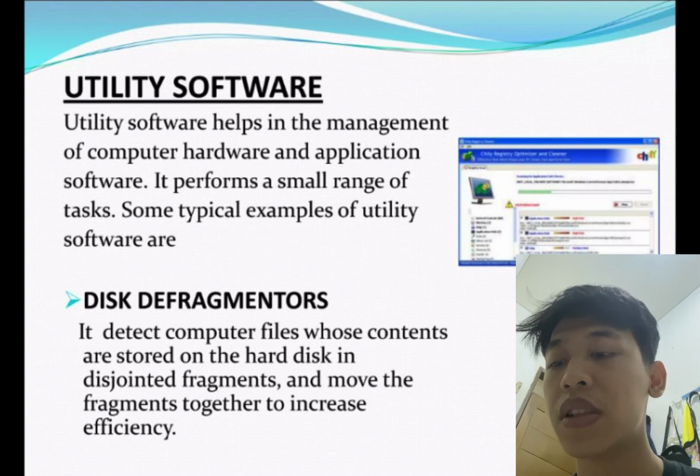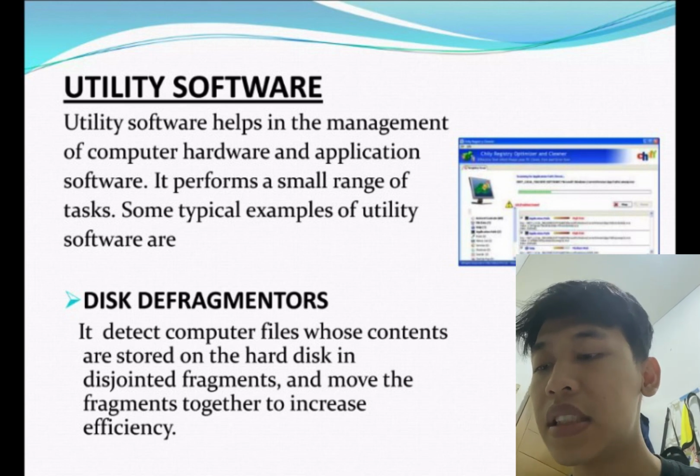It performs a small range of tasks. Some typical examples of utility software are disk defragmentors, backup, partitioner, and antivirus.